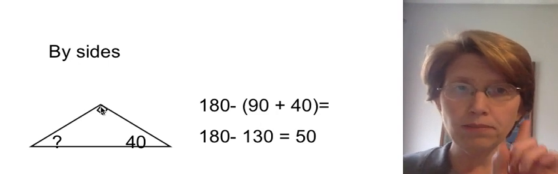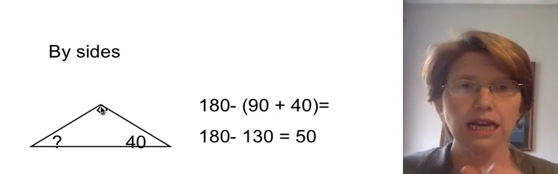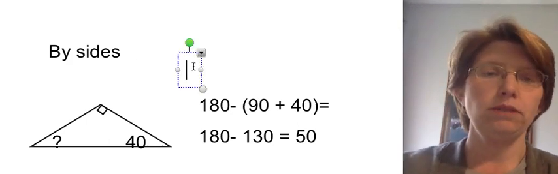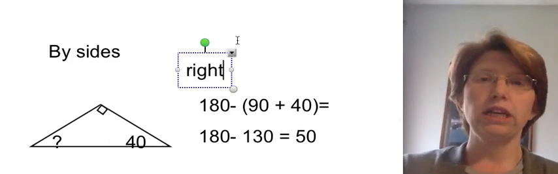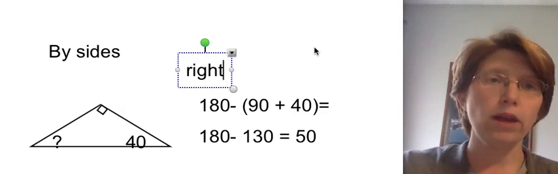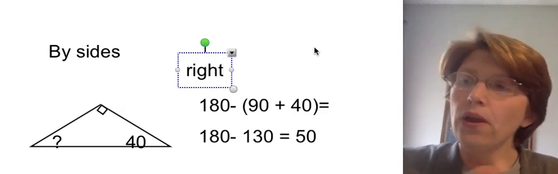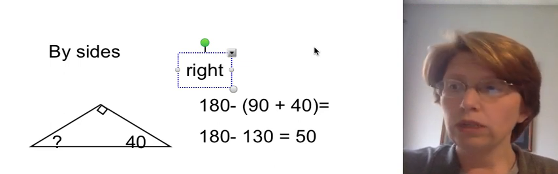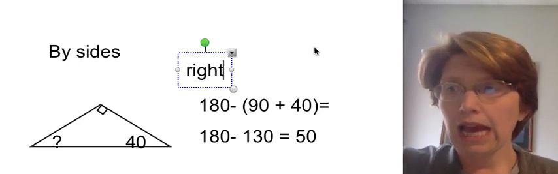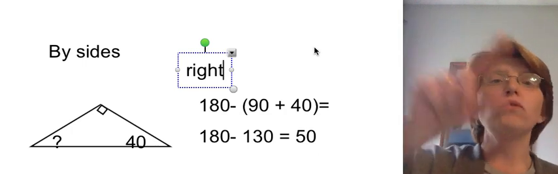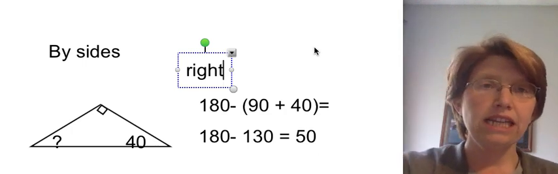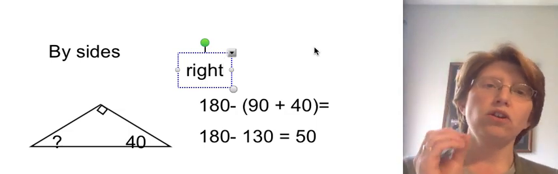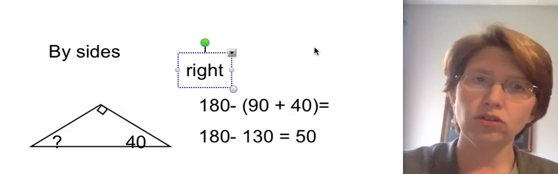That box means that that angle is 90 degrees. That means that this triangle is going to be labeled as a right triangle, and you can write that in the line right beside the triangle. Now I have to figure out the missing angle. So I'm going to take what I know, add those together, and subtract it all from 180 degrees.